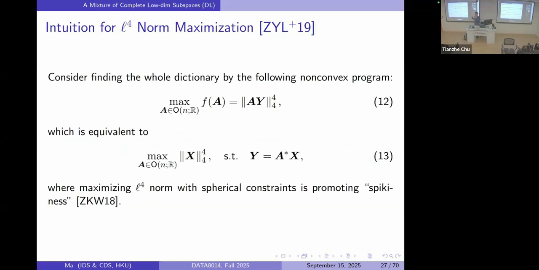It also turns out you don't have to do one row at a time. You can do all together. Find the n by n orthogonal matrix such that the 4 norm is maximized. I find these n rows simultaneously, find a matrix. The inverse of D doesn't look nice, so I just call it A, right? Find a square matrix A, corresponding to the inverse of D, such that the whole matrix AY becomes sparse.